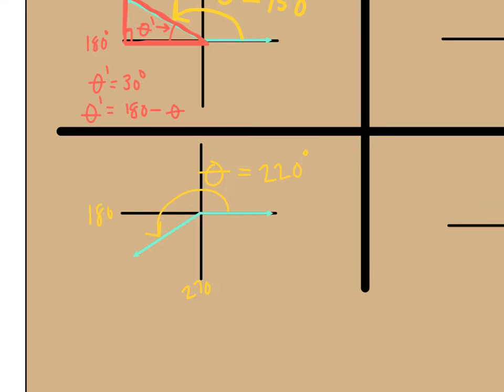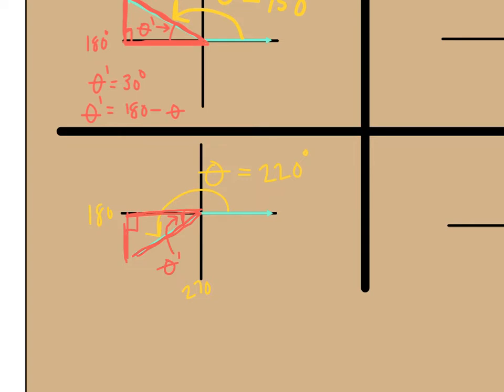Probably not, right? So what we do is we say, all right, here's the terminal side. We always use the quickest path back to the x-axis, and we could draw our right triangle right there. There's a right angle. This little angle right here up in the corner would be our reference angle. How would we find its measure?